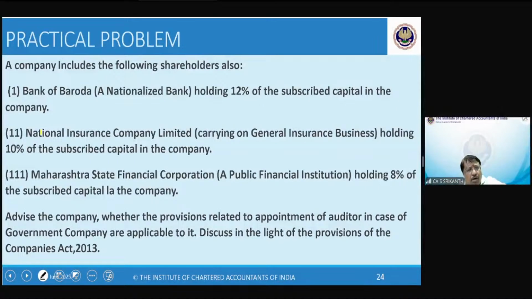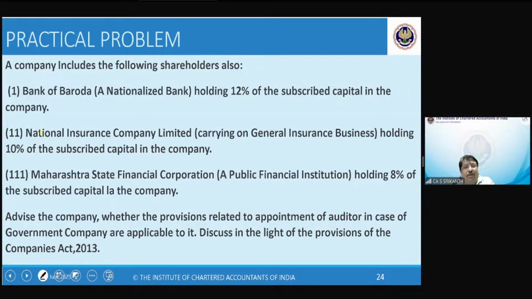Central government, state governments, nothing. Only some government companies are holding, like Bank of Baroda, National Insurance Company, Maharashtra State Financial. These are all government companies. Even they are not holding more than 51%, which means this company is not a subsidiary of them. Simply they are holding totally 30%. So, conclusion, this company is not a government company.